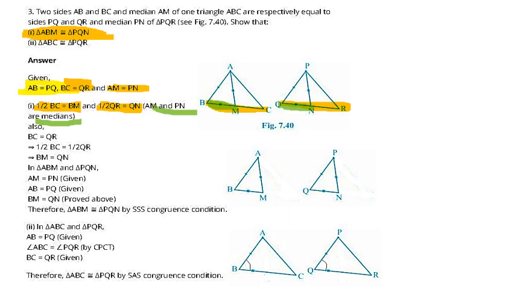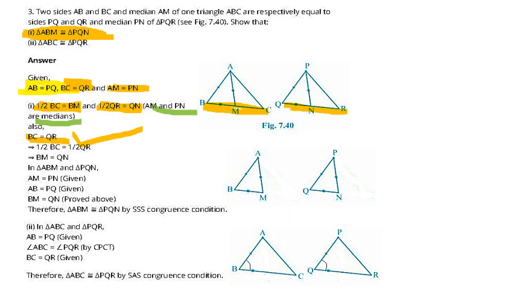Next, I have written down that BC and QR are equal. It is given to us that BC and QR are equal sides. This whole side BC and this whole side QR, they are equal to each other. So I wrote down BC equals QR. It is given. We know that if wholes are equal, then their halves are also equal.